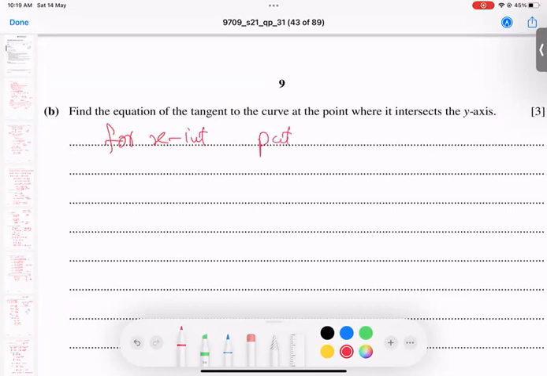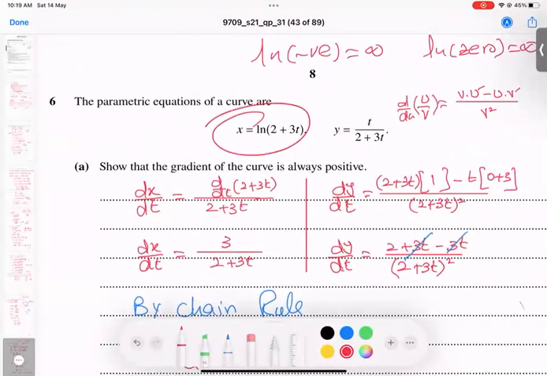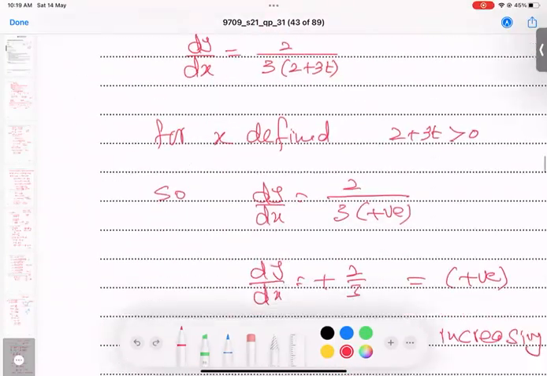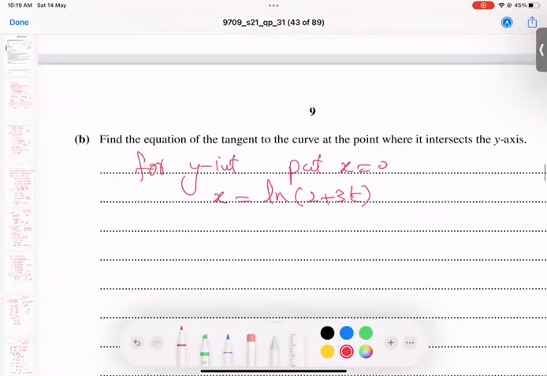Sorry, for when it intersects the y-axis, for the y-intercept, we put x as 0 for sure. So I will plug in 0 here, and all of you know this 0 I can remove and write ln 1, because ln 1 is 0.